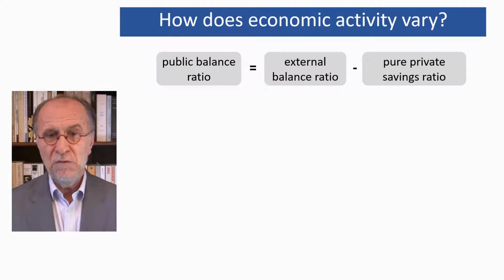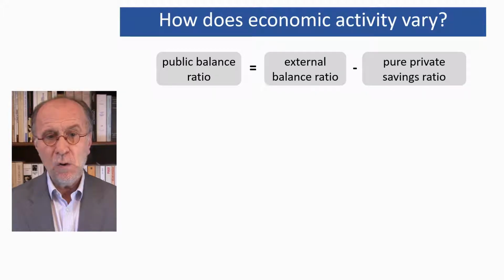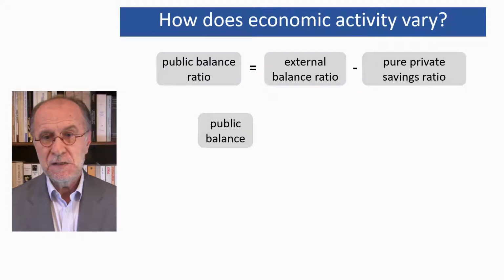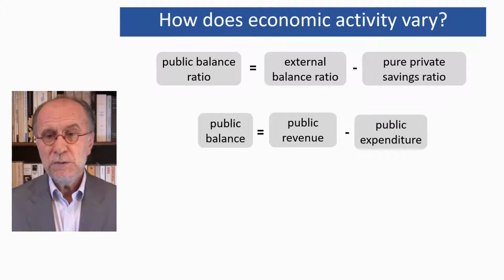We can also use this relationship to reveal the link between growth and changes in the public balance ratio, as I will now explain. The public balance can be expressed using the relationship that I have just explained, but it can also be expressed in simpler terms, as obviously it is equal to public revenue minus public expenditure. Public revenue depends mainly on economic activity, which is measured by GDP, and public revenue can be linked to GDP through the levies ratio.